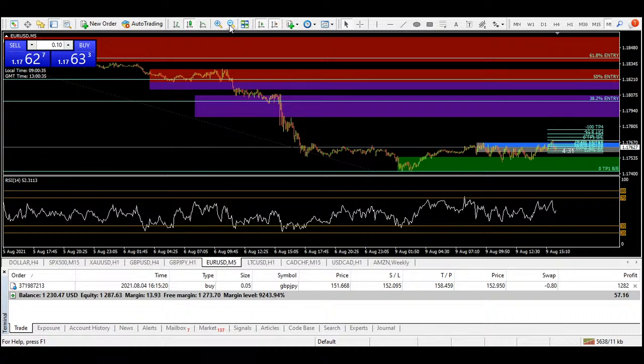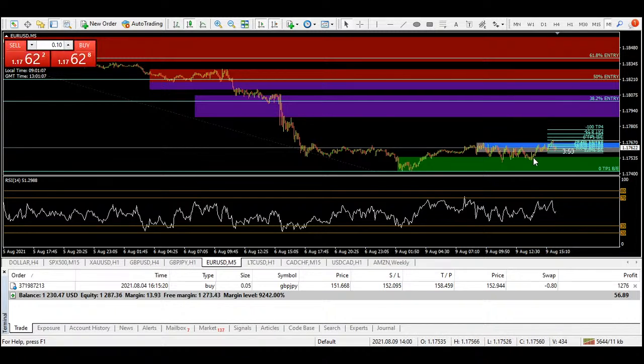If you just look at the 5-minute, higher high, higher low, higher high, higher low. Oh wait, where am I? Higher high, higher low, higher high, lower low, lower high, lower low, lower high, higher low, lower high, higher low, same high, lower low.